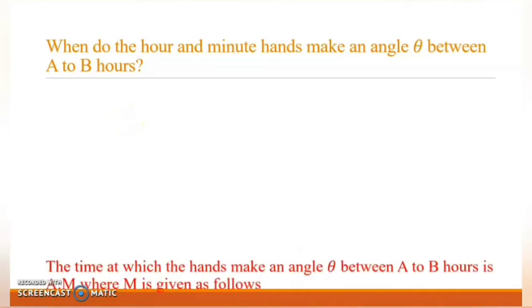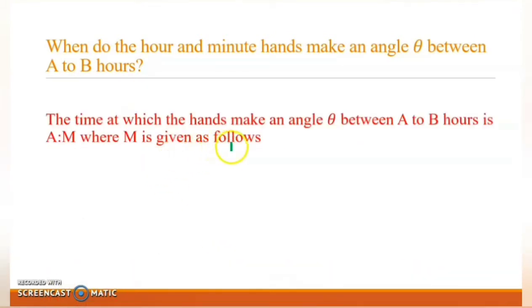It says, the time at which the hands make an angle theta between A to B hours is, now here assume that my B is the consecutive hour, that is, the hour next to A. If A is say 3, then let B be 3 plus 1, that is 4. That is, let B be A plus 1.